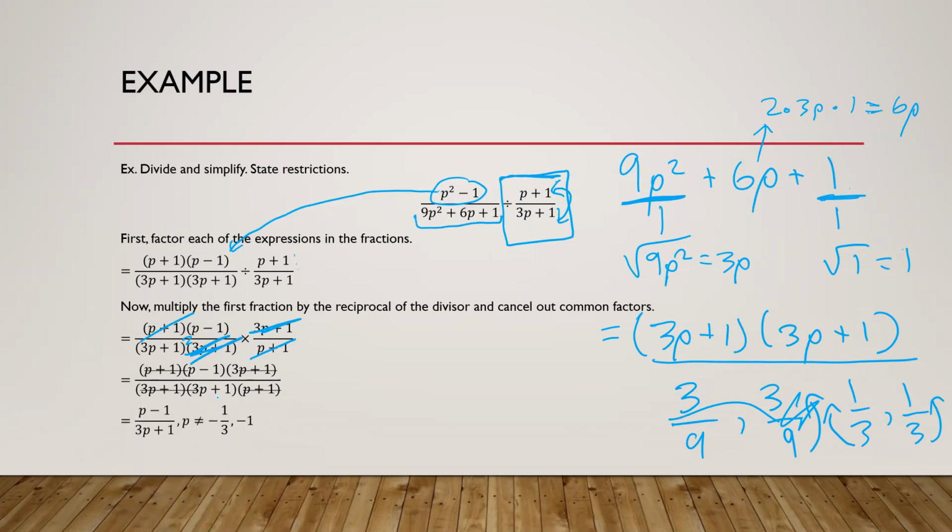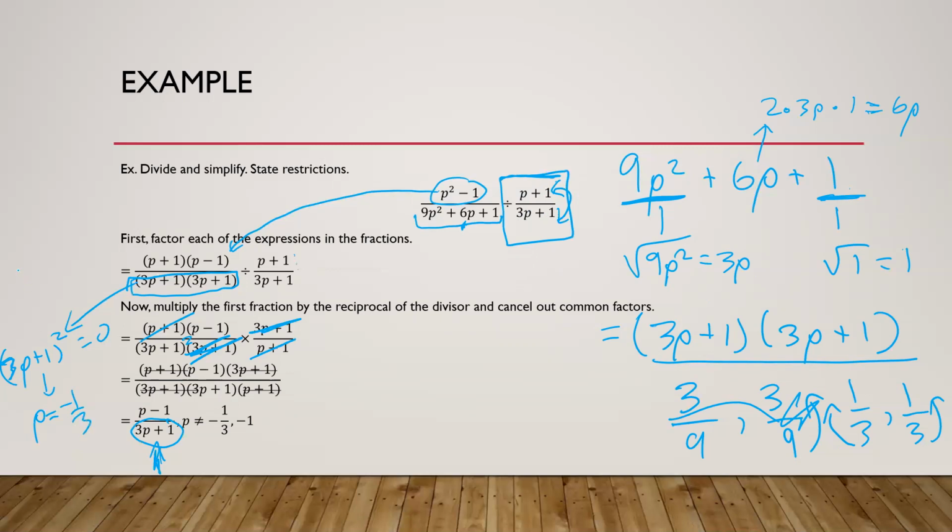I'm done. Now my restrictions. Notice that with my restrictions, I didn't just check the denominator when I simplified. I have to go back to the original question and check when the denominator is equal to 0. We can tell that 3p plus 1 squared is going to be equal to 0 at only one point, when p is equal to negative 1 over 3.